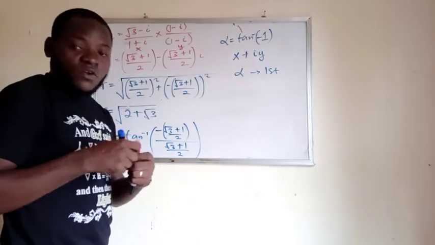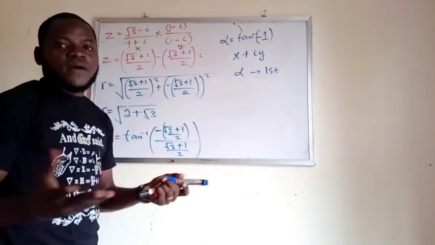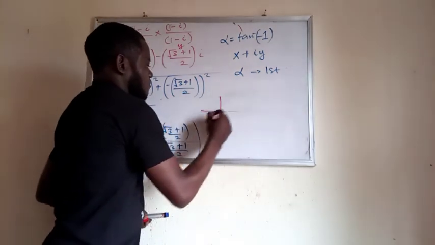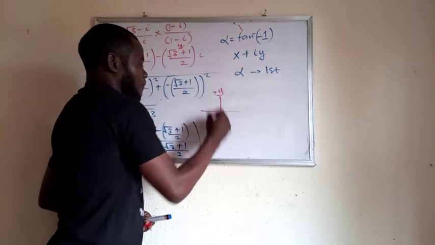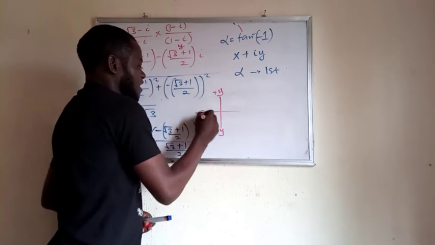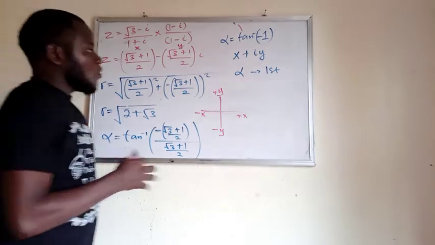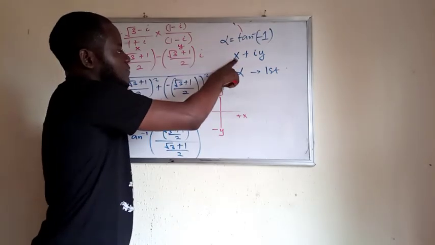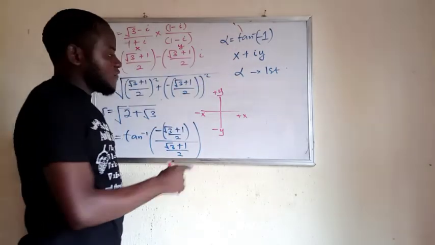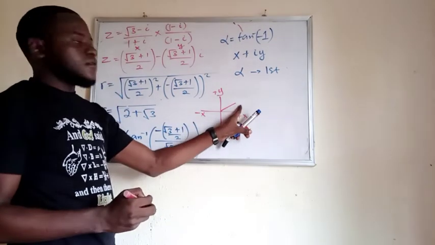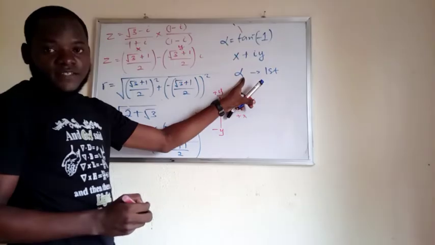For you to see what I'm saying clearly, you don't need to cram mathematics, just understand it. If I have this as my y-axis, here will be positive, here will be negative x, and positive x. So if x is positive and y is positive, when you plot the graph, it falls in this place. That's why it's the first quadrant.